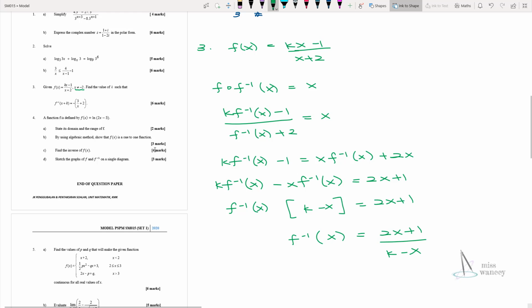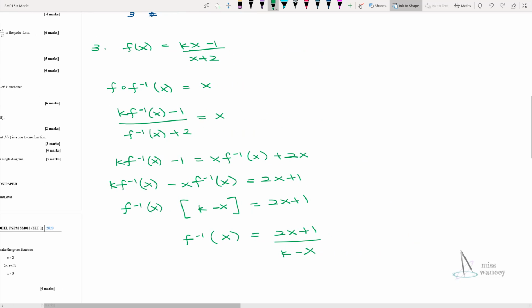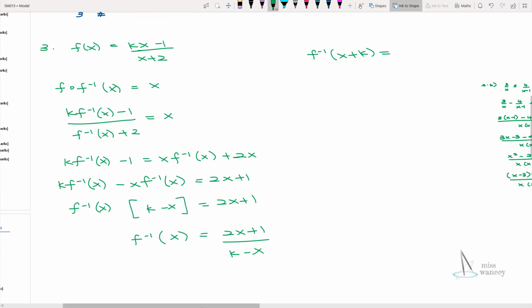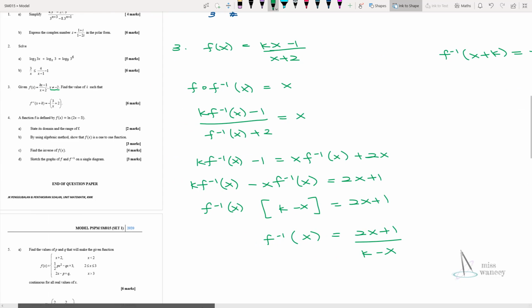Okay, so we have been given f inverse of (x plus k). So f inverse of (x plus k), this is equal to negative 3 over (x plus 2). Let me check again.